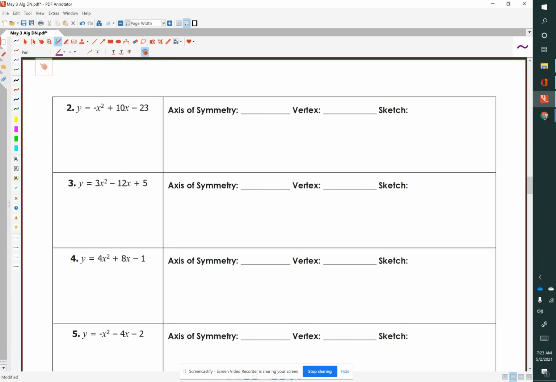So number 2, y equals negative x squared plus 10x minus 23. So first we will find the axis of symmetry. I'll put the formula there. x equals negative b over 2a.